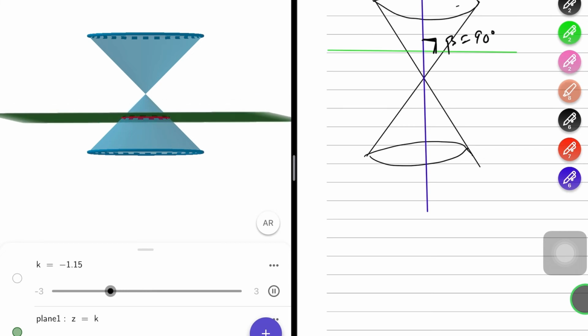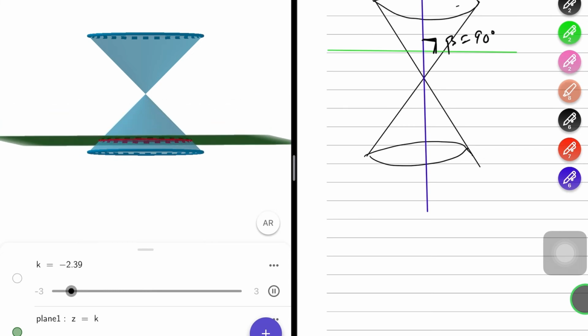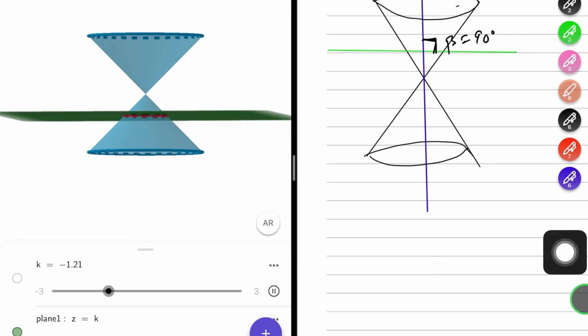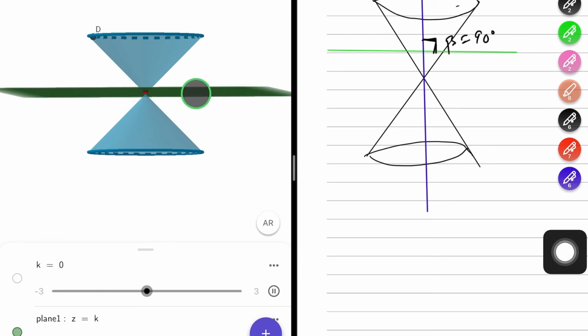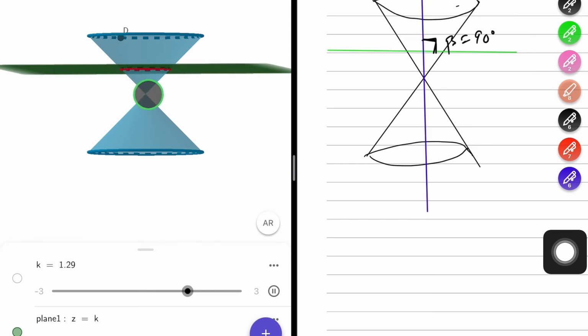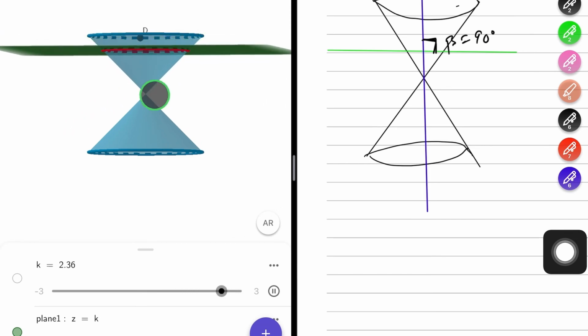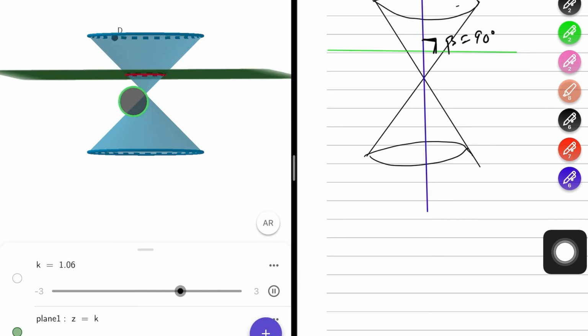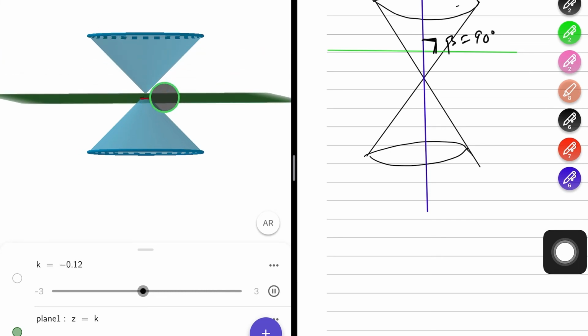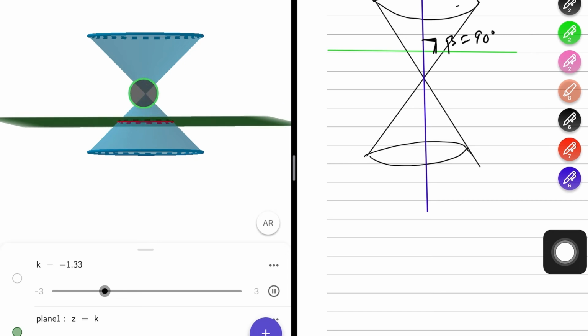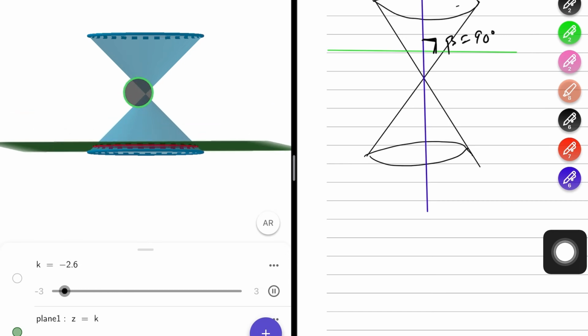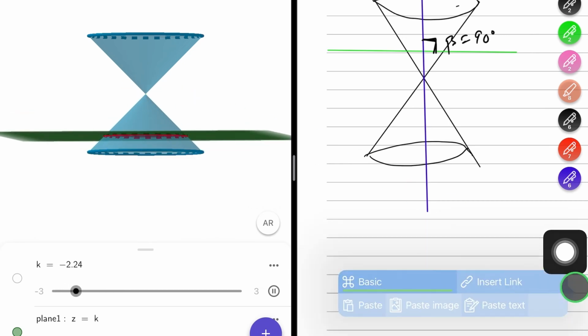And we observe that as we move the plane away from the vertex of the cone, the radius increases. Whenever this plane moves toward the vertex, the radius of the circle decreases, and at the vertex of the cone, the radius tends to 0 and becomes a point, and actually that is the degenerate case.